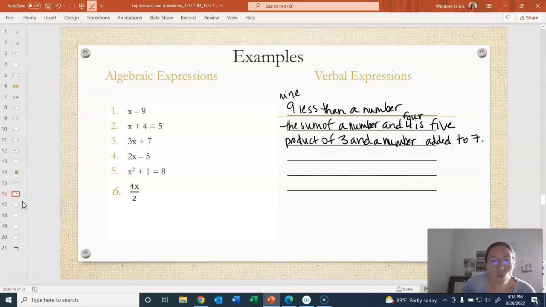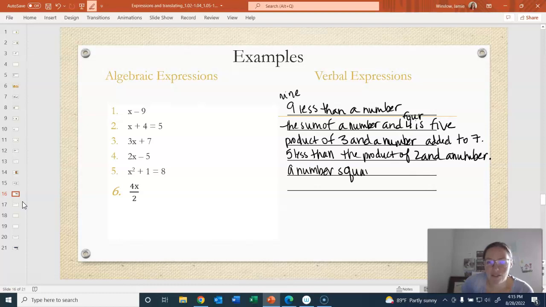Let's look at number 4. Ooh, I like doing it this way. 5 less than the product of 2 and a number. I guess it's okay to write the numbers. Number 5, a number squared plus 1 is 8. That works.